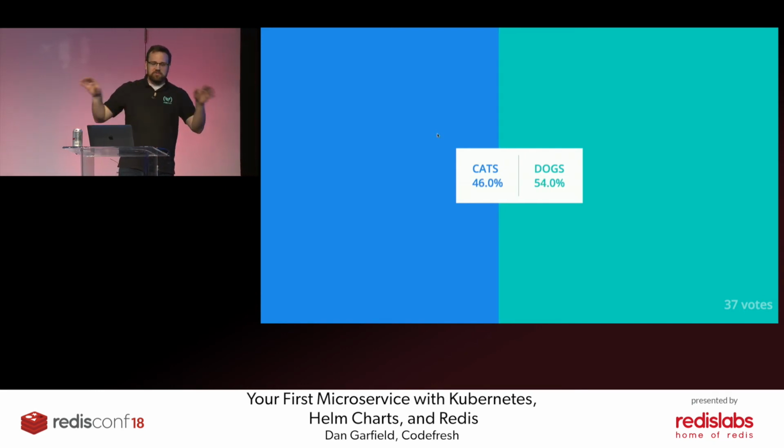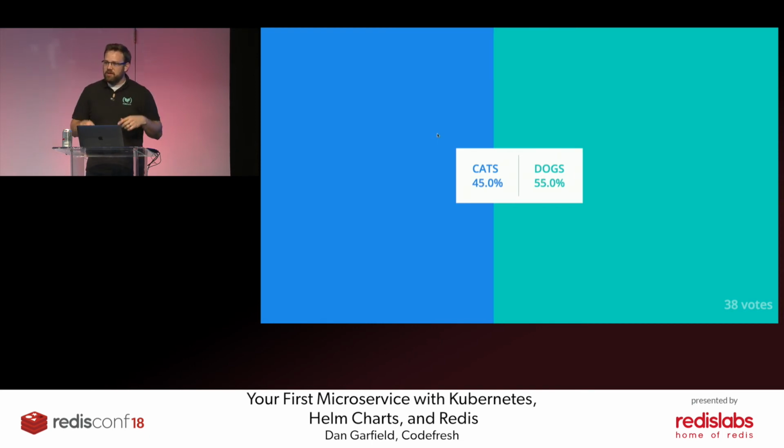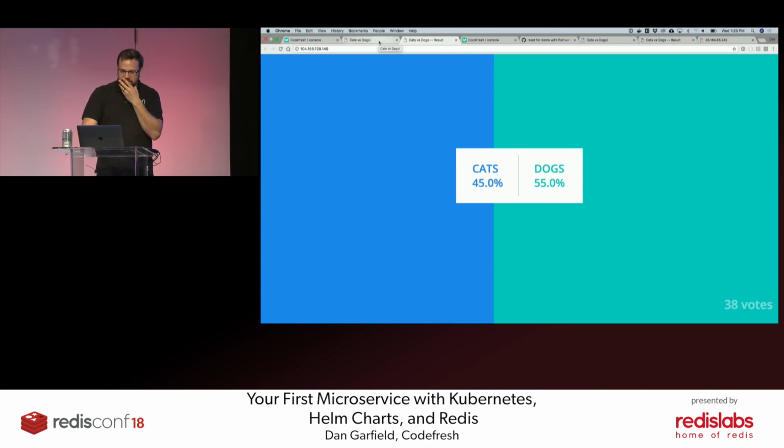Phones out. Please don't vote anymore, and that way we'll be able to check the state later. And maybe in a minute, I'm going to ask you to pull them out and make changes, and we'll be able to see how our data has started to diverge in our staging instance. So now you know what this application is. We're stopping now, and let me just refresh and make sure that everything came through. We're at 38 votes. Dogs are winning 53 to 47. Okay, so we'll leave that running.